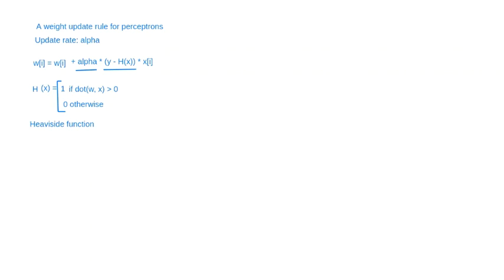So what happens here? We are going to look at the difference between the output and the value given by the dot product, and then multiply that by the input value. Now, what are we talking about in this case?